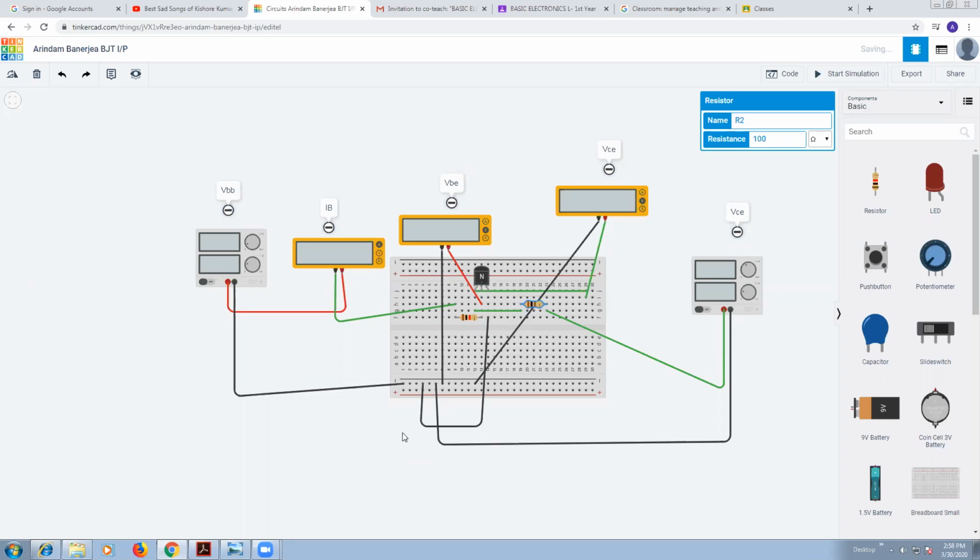Where to plot? Shaumadeep says he had submitted the previous experiment, that's okay. Vishwanath Ghosh is asking, sir, where to plot the graph?